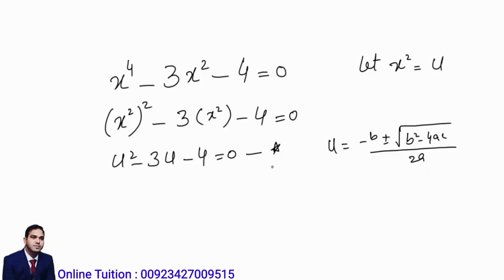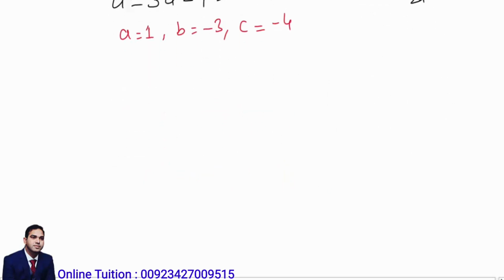So I am using this quadratic formula to solve this question. So identify a is equal to 1, that is the coefficient of u square, and b is equal to negative 3 and c is equal to negative 4. C is the constant and b means the coefficient of u. So putting these values in the formula, we will get the required solution.